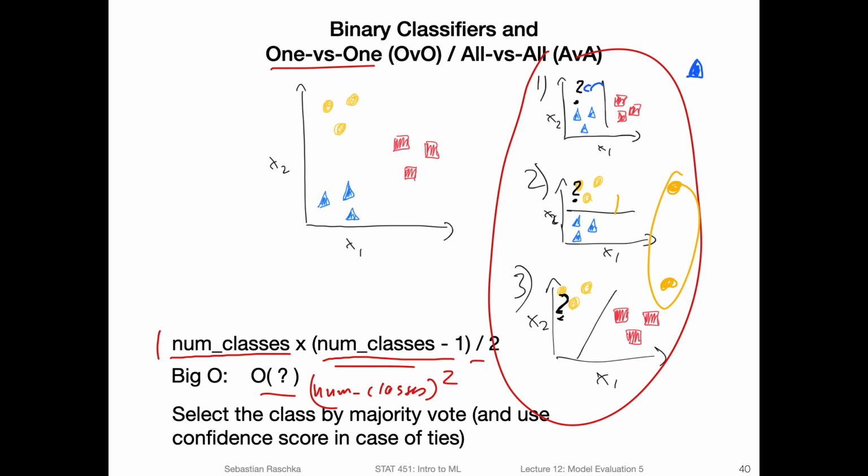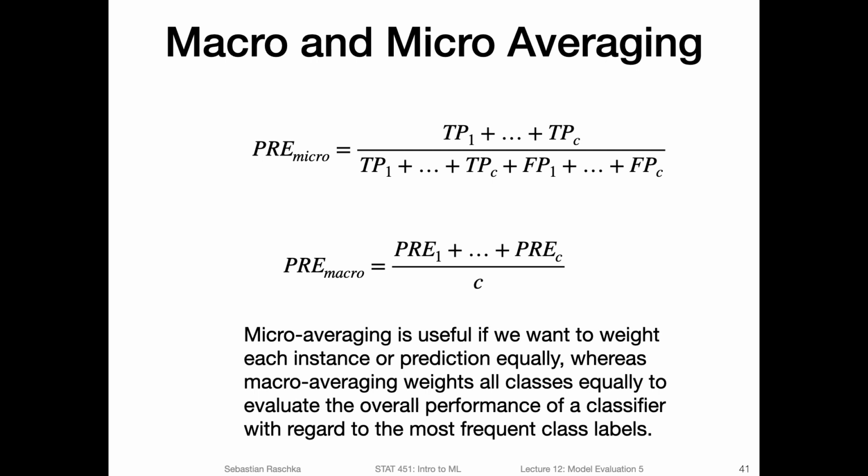Okay, but this was just explaining how binary classifiers can be extended to multi-class problems. What we are more interested in the context of evaluation metrics is how we can extend binary classification metrics to multi-class settings. Two common ways for doing that are the so-called micro and macro averaging.